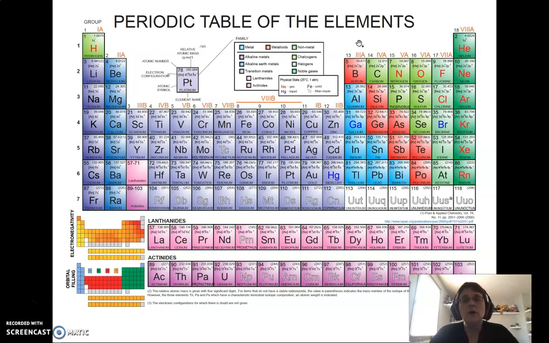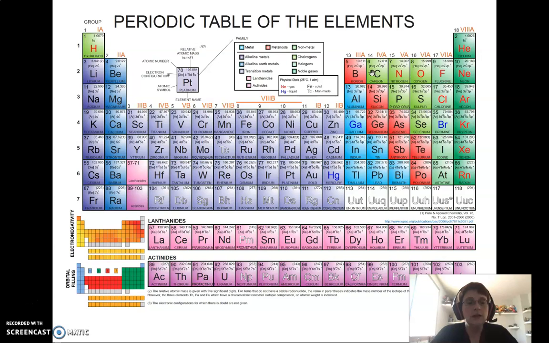We're going to look for a whole number on this periodic table, the smaller number that's listed with the element. So you're going to look for carbon, for C. Carbon's right here, and carbon has two numbers in the box. It has 6 and it has 12.011. We're looking for the smaller of the two. So the atomic number for carbon is 6.